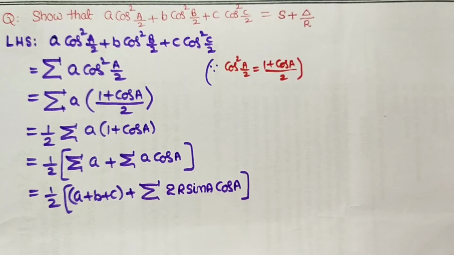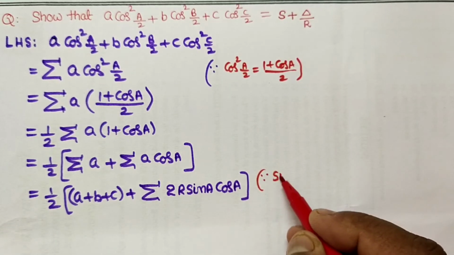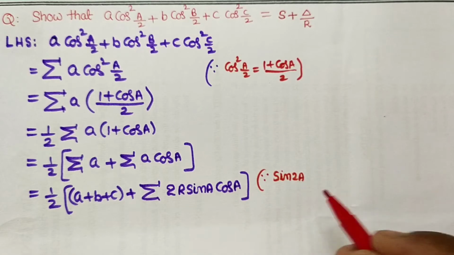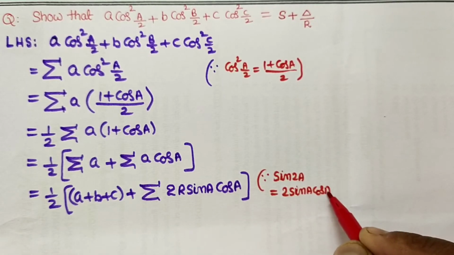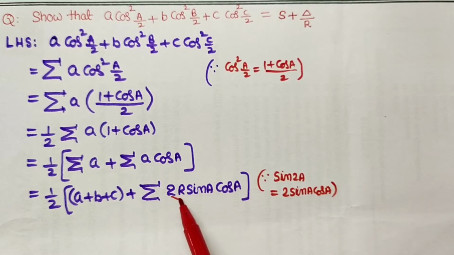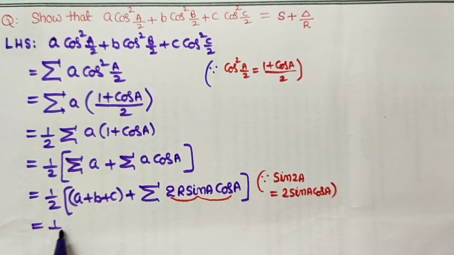We know that sin 2A equals 2 sin A cos A, so we replace 2 sin A cos A with sin 2A. So now 1 by 2 and also a plus b plus c.